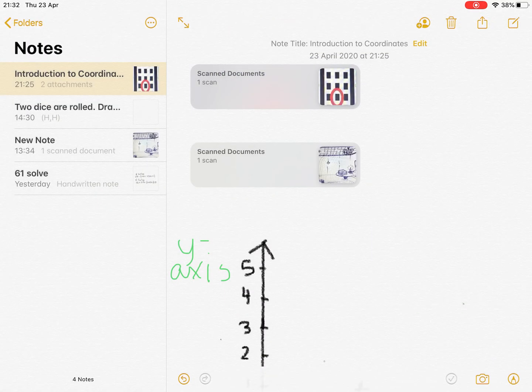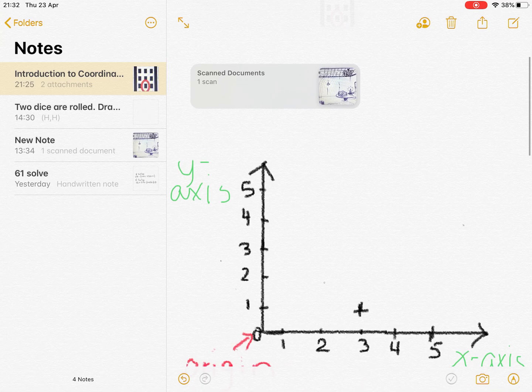He decided that if he drew 2 lines at right angle to each other, a vertical line and a horizontal line, and they both meet at right angles, then he might be able to come up with a way of describing the exact position of the fly.